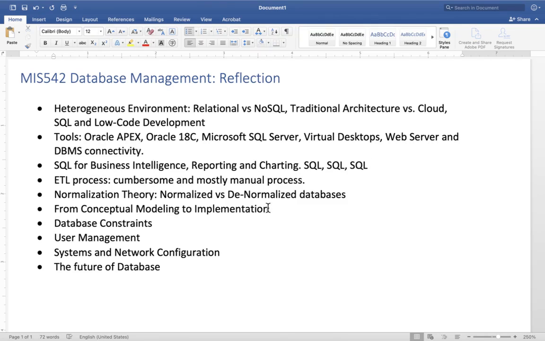That's one. The second thing is that we are learning some connectivity, but not very in depth. But we learn how to use different technologies to connect the database to different environments. We use SQL Developer, and in the SQL Server environment, we use Microsoft Management Studio to perform the job.